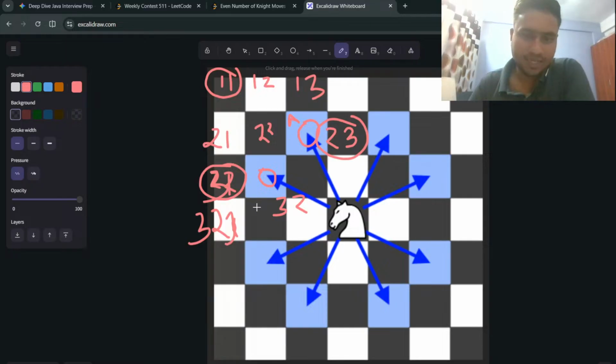If I can see clearly, from this I can go to 2 3, and from 1 1 I can go to 3 2 as well. If I am on 2 3, then I can decrease it by 1 so it will become 2.